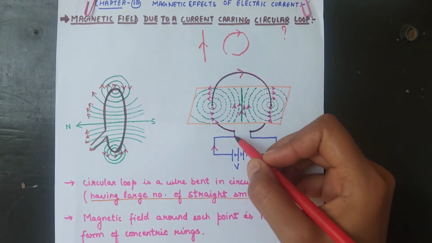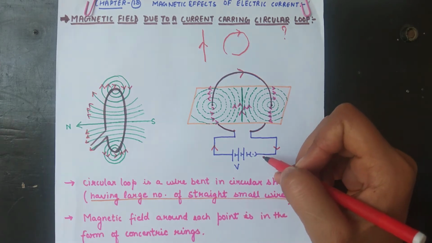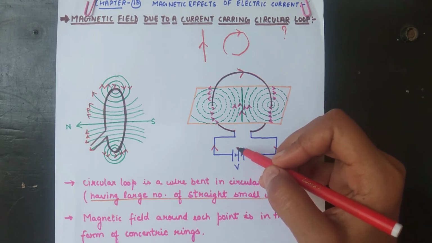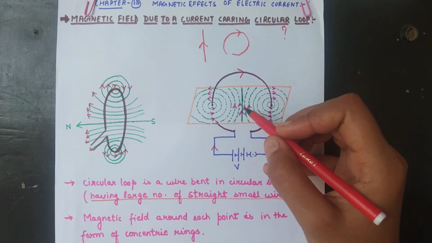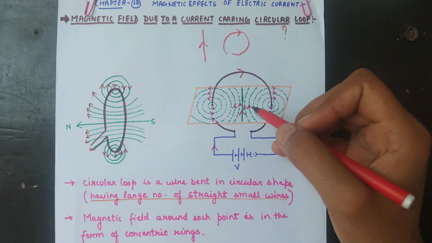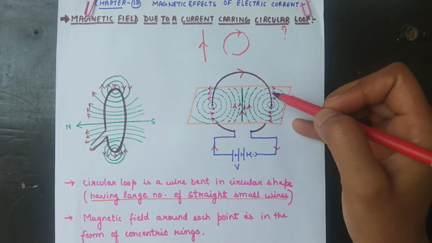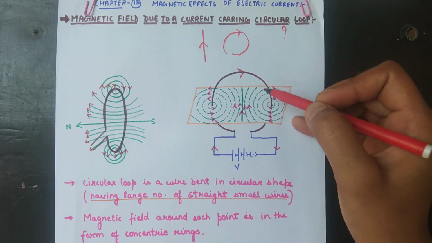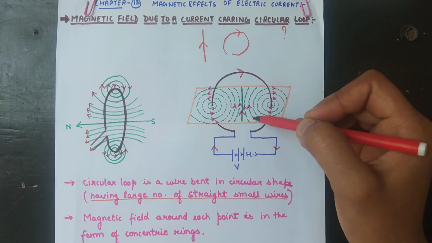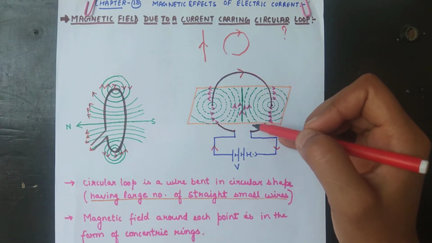Both ends are connected to a battery of V volt and a key is also there. Now we start the current. When the current flows, we sprinkle some iron filings. We will see that the iron filings get arranged in the form of concentric circles around the points on the cardboard, and at the middle we get a straight line.